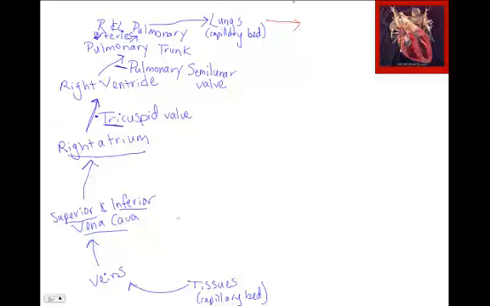So here now we're going to bring the oxygenated blood back to the heart for a pump via the pulmonary veins. And this is a case where veins are carrying oxygenated blood. And the pulmonary veins are then going to dump into the left atrium.